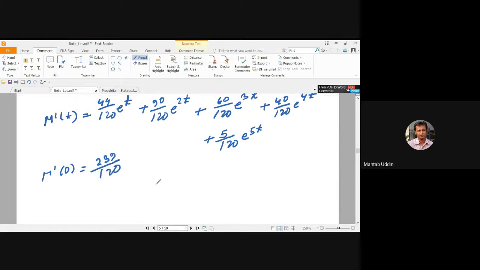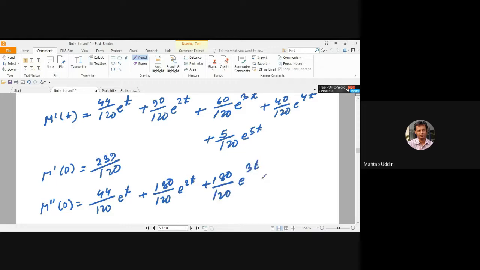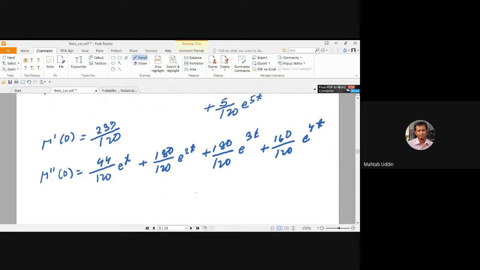It's your work checking this. Then differentiate once again, M''(0). We'll get 44 by 120 e to the t plus 180 by 120 e to the 2t plus 180 by 120 e to the 3t plus 160 by 120 e to the 4t plus 25 by 120 e to the 5t.